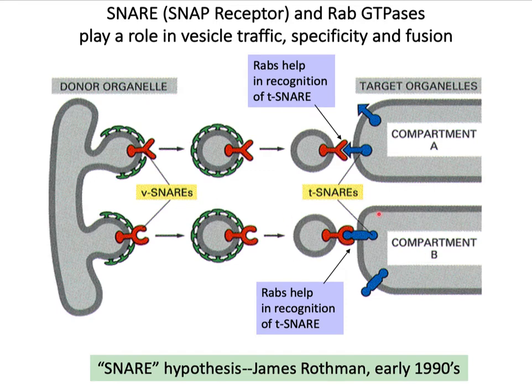What is not shown in this slide about V-SNAREs and T-SNAREs, and we'll look at this a little more closely in a minute, are the Rabs. It is actually the Rab GTPases that also assist in the recognition of the transport vesicle with the appropriate compartment. Now, this whole idea about these SNAREs was proposed in the 1990s by James Rothman, and it was known as the SNARE hypothesis.